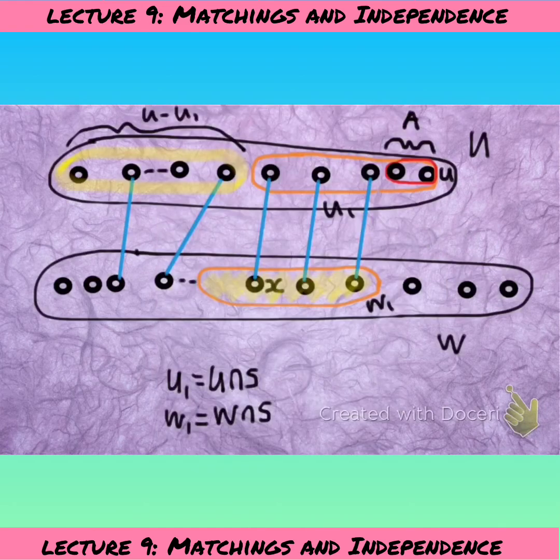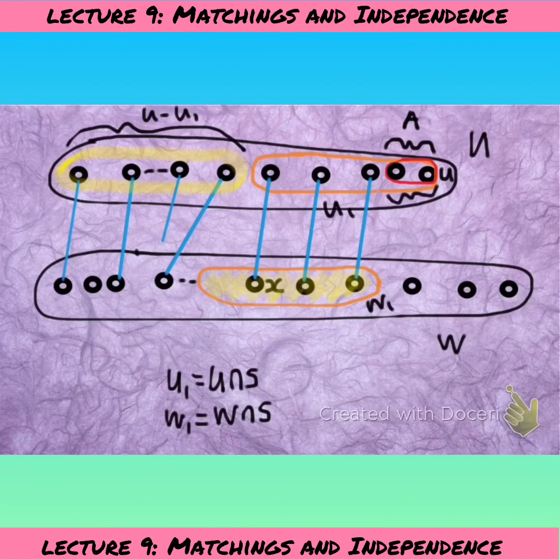Right, so going back there, first of all, note that we said every vertex in U minus U1 will be matched, okay, because we already excluded the unmatched vertices, which we put in that set there.